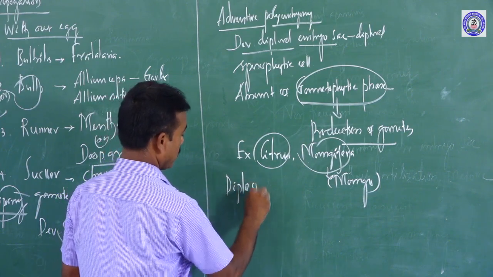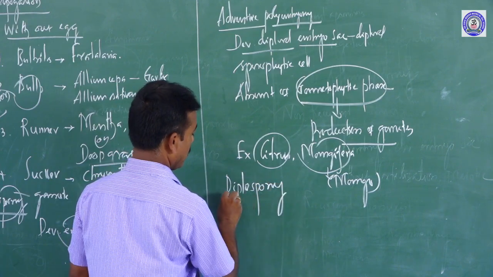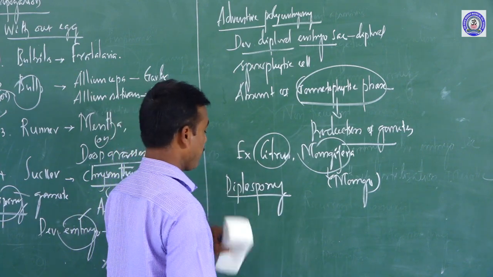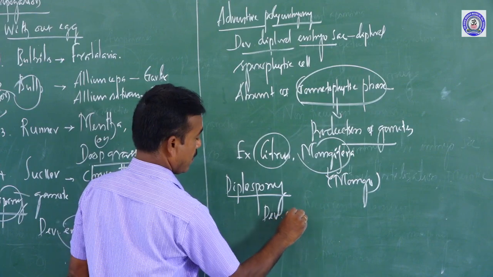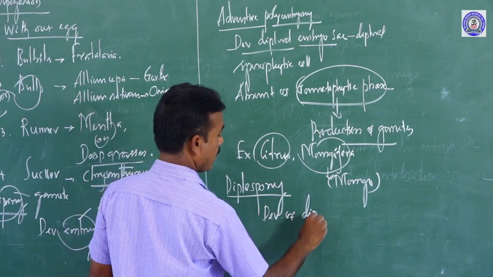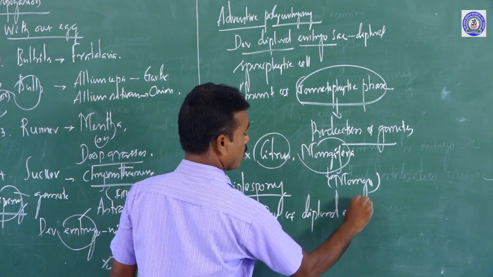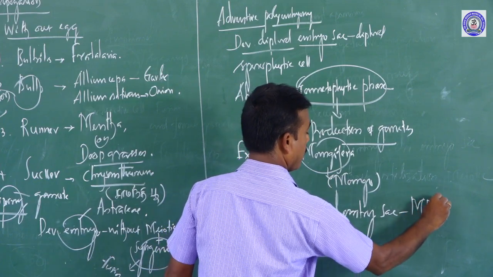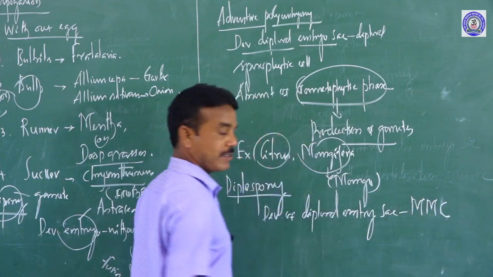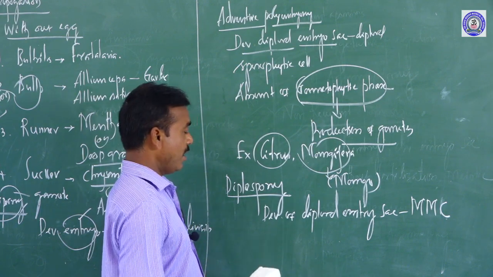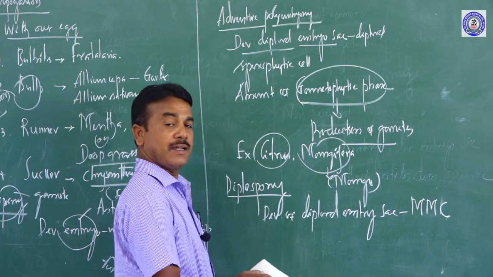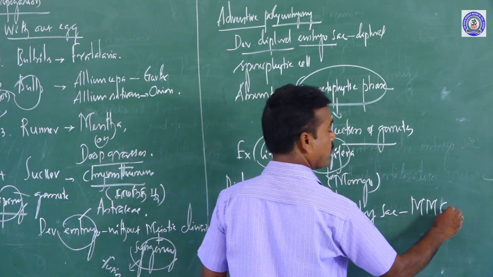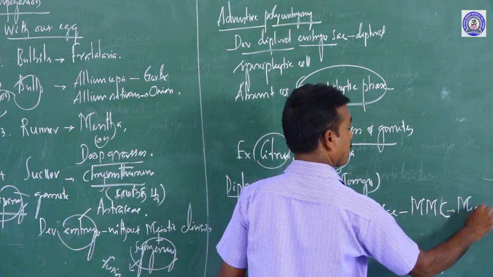diplospory. What is the definition of diplospory? Development of diploid embryo sac from megaspore mother cells. Development of diploid embryo sac from MMC. What is the meaning of MMC? Megaspore mother cell.